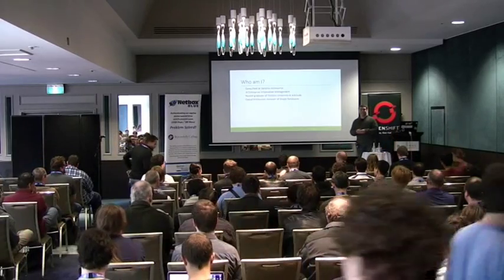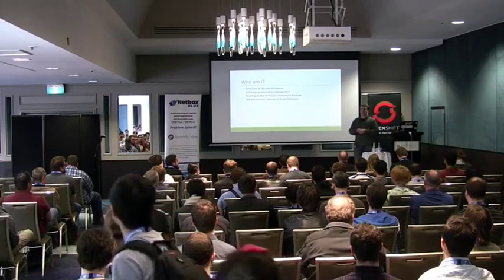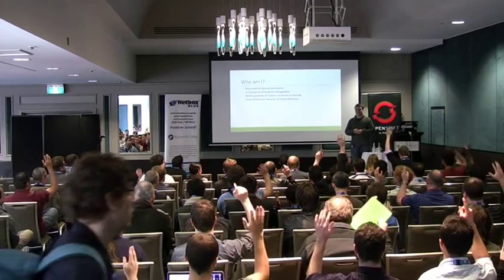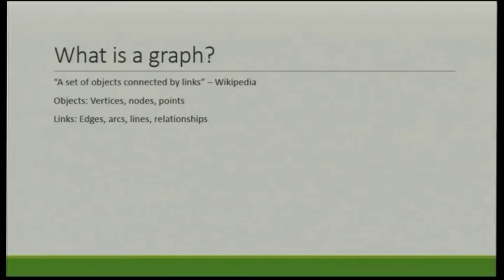With that in mind, how many of you are familiar with the idea of a graph? Awesome. So how many of you can then divine what a graph database might do? Cool. All right. So for those of you who don't know, a graph is essentially a set of objects connected by links.